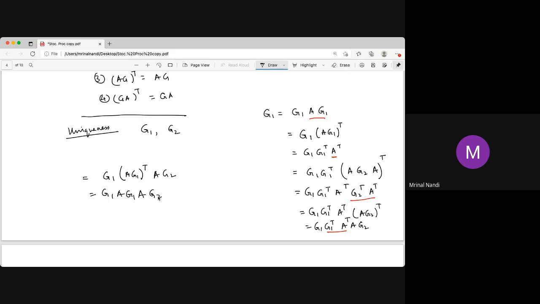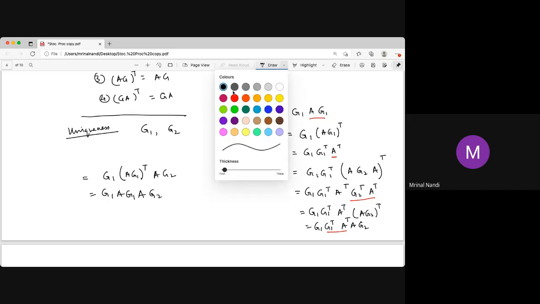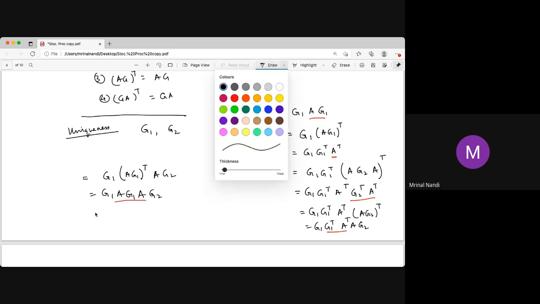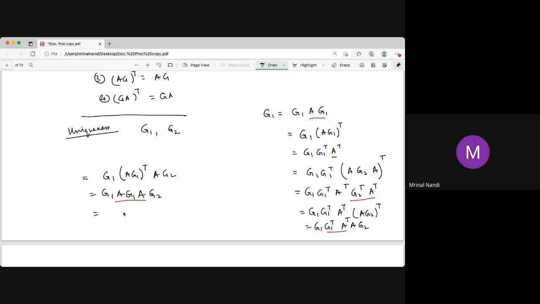Now take G1AG1. What is that? We know this is G1, because G1 is a g inverse. So G1 equals G1AG2.